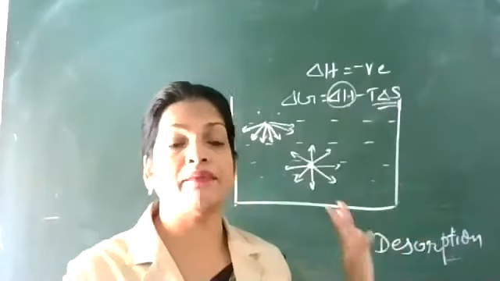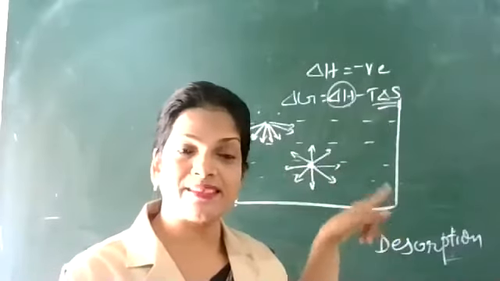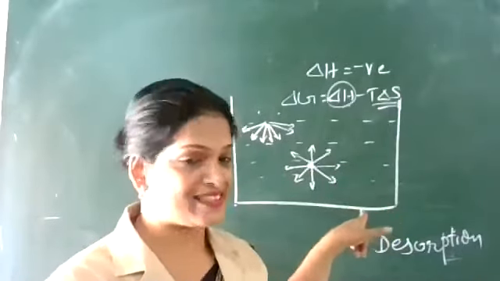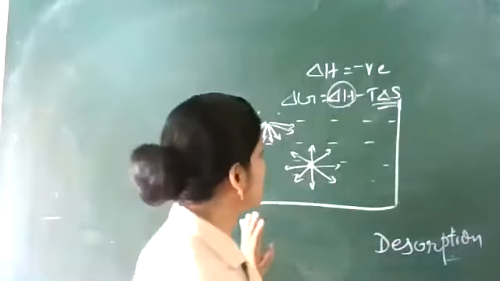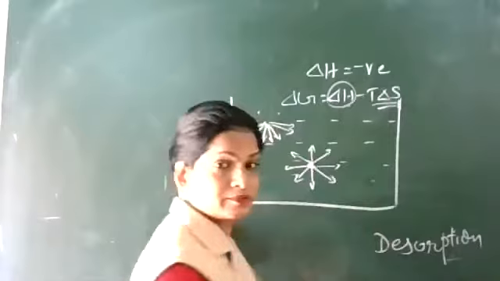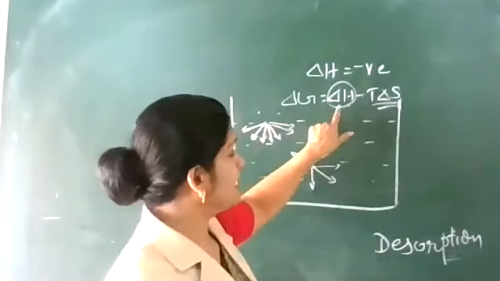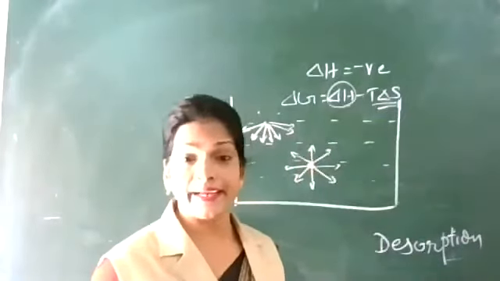That means delta S has a negative value. So here, minus T times a negative delta S is positive. For delta G to be negative, delta H should have a high negative value.